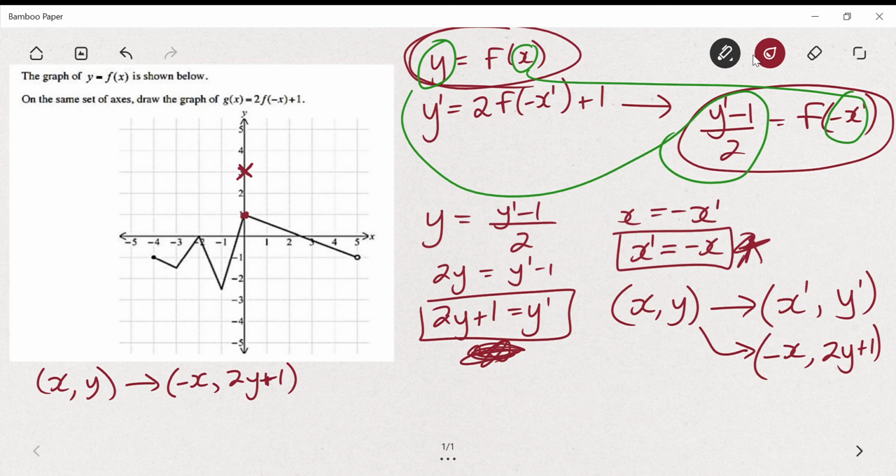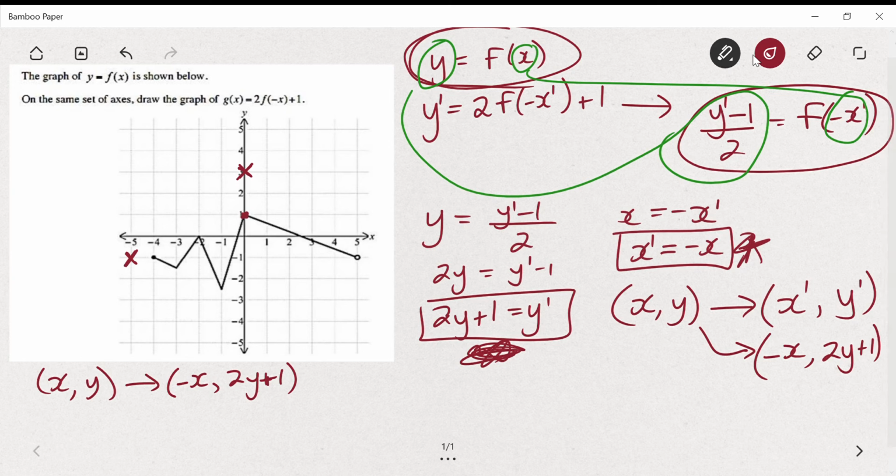Let's go to this point out here. This point here, first of all, you want to go minus x. So you want to take it and put it over here. Next, you want to double its distance from the x-axis, so down here, but then add on 1. So you end up there.